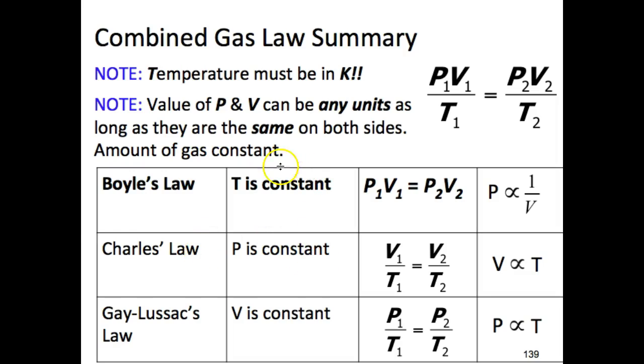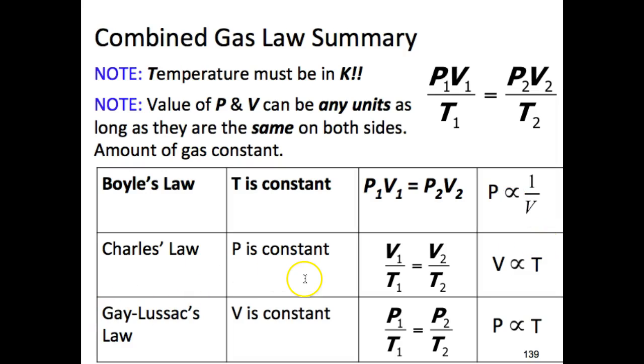This chart is very important here as a summary of what we talked about in this lesson. We have three laws we use, Boyle's, Charles', and Gay-Lussac's, to build upon and make the combined gas law. We need to know what is constant in each law. So for Boyle's law, temperature is constant. Our equation is P1V1 equals P2V2. And we're talking about what's directly related or proportional. So pressure is proportional to 1 over the volume.